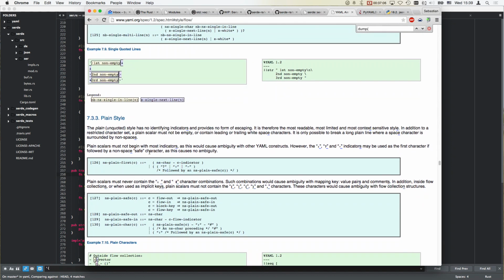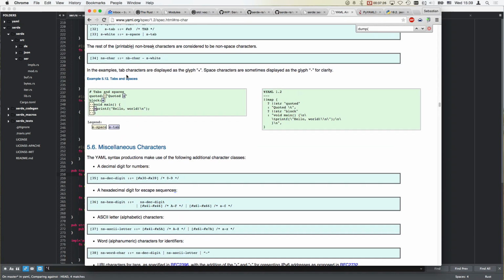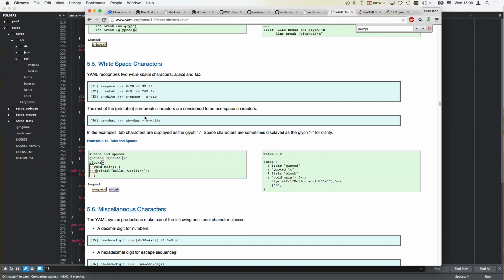Plain scalars must not begin. And I think that's the grammar here in extended Backus-Naur form or something. I guess. I would hope so. I think so. NSCHAR. Yeah, so this is what the lexer will then have to do.